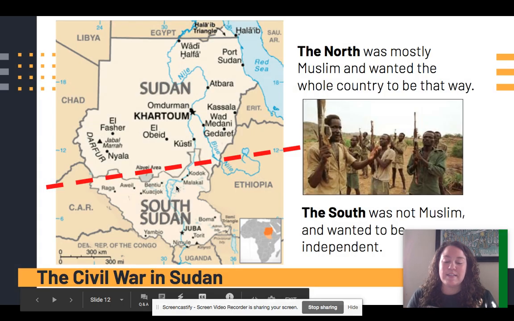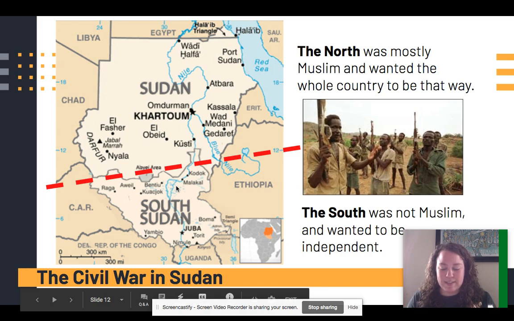The war had started 2 years earlier. Salva did not understand much about it, but he knew that rebels from the southern part of Sudan, where he and his family lived, were fighting against the government, which was based in the north. Most of the people who lived in the north were Muslim, and the government wanted all of Sudan to become a Muslim country, a place where the beliefs of Islam were followed.